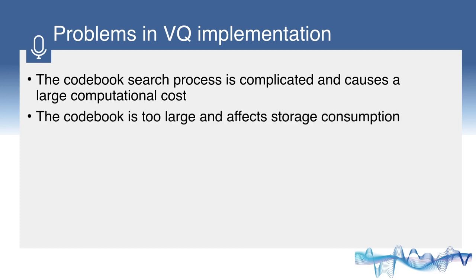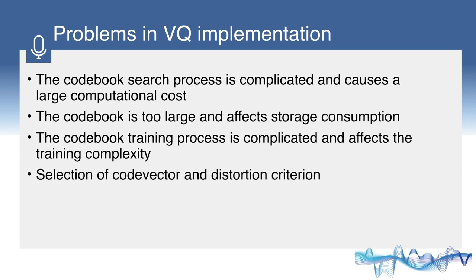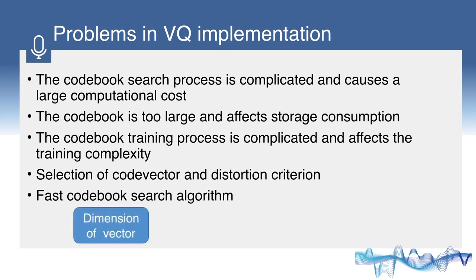The codebook is too large and affects storage consumption. The codebook training process is complicated and affects the training complexity. Other problems like selection of code vector and distortion criteria. Faster codebook search algorithms are also important in VQ designing.